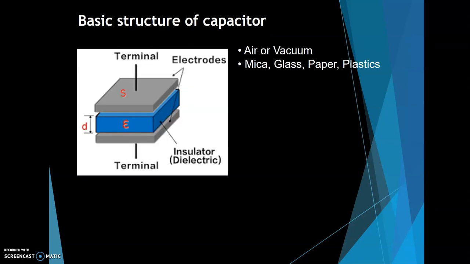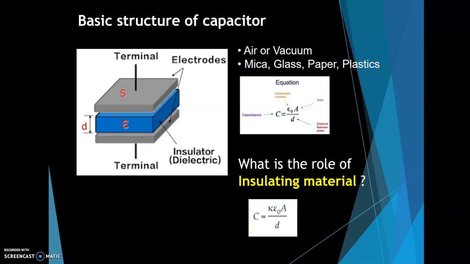In general, capacitors are available in different shapes, sizes and configurations. But the basic structure of a capacitor looks like this. It has two electrically conducting thin plates kept in parallel and separated by a small distance. The space between the two conducting plates can be filled with any insulating materials.